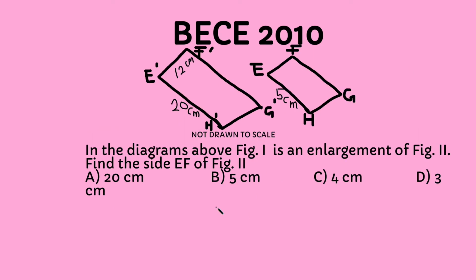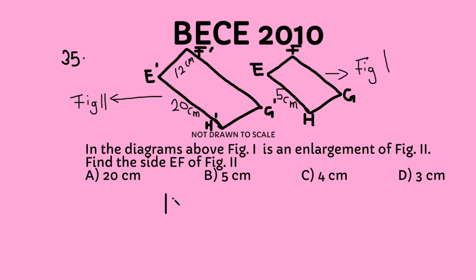Then we have in this question, another enlargement question. In this example, figure I is an enlargement of figure II. We have to find the side EF of figure II. What are we going to do? We're going to first find the scale factor, which is K. To find K, we're going to take the sides E'H' corresponding to EH.